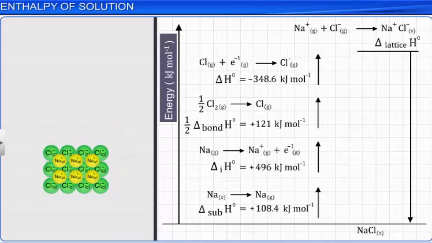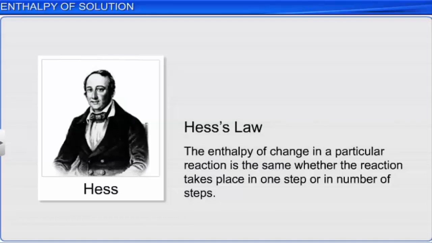Let's apply Hess' law to determine the lattice enthalpy released in this step. Hess' law states that the enthalpy change in a particular reaction is the same whether the reaction takes place in one step or in a number of steps.